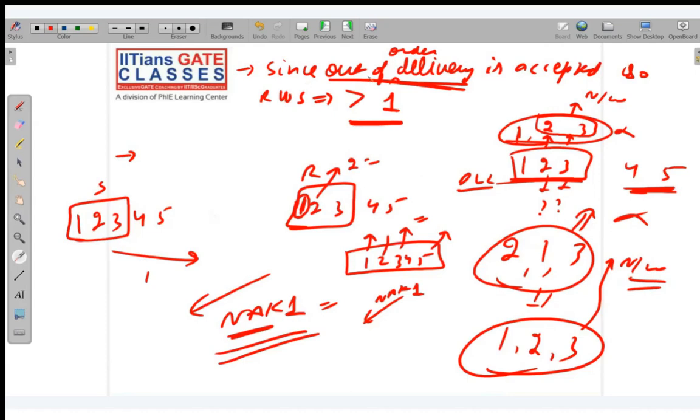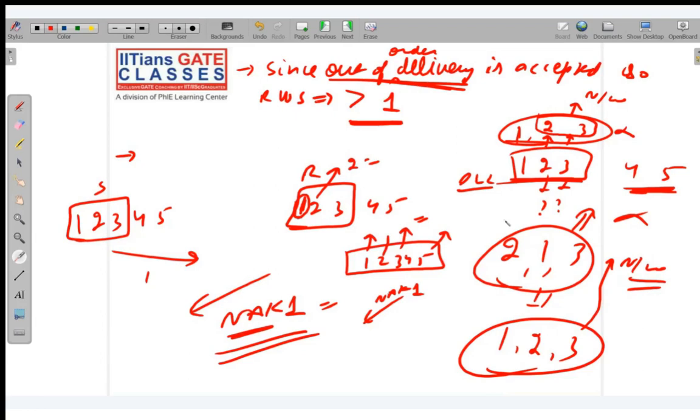So for out of order delivery, you have to do lots of different tasks. Please write down the point. When the sender receives NAK, it will search its window and immediately send the respective packet, regardless of its timer.